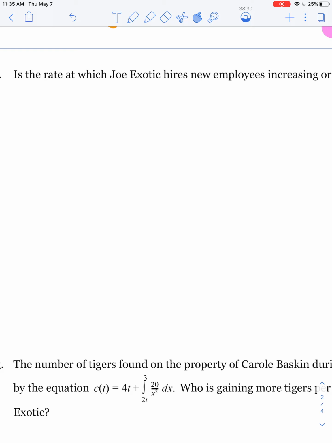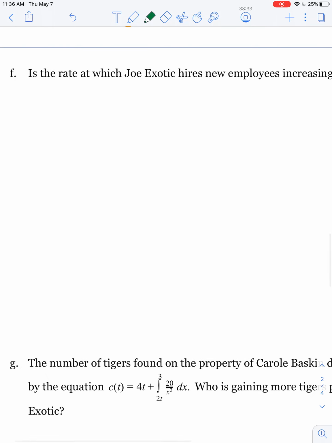And that function that we're focusing on is the function that represents the rate at which Joe Exotic hires new employees. And we were given in part E that the rate at which he hires new employees is given by the differential equation dy/dt is equal to (1 minus y) e to the 2t.